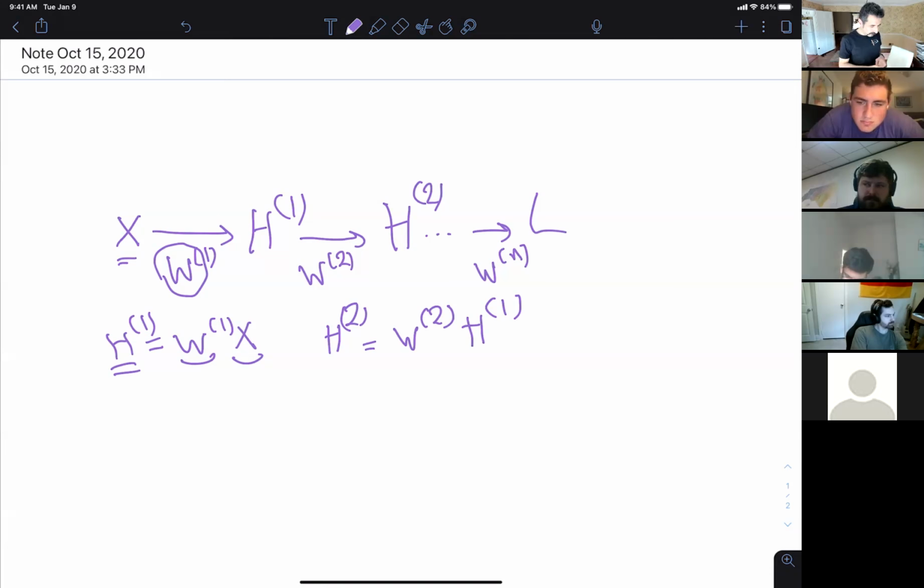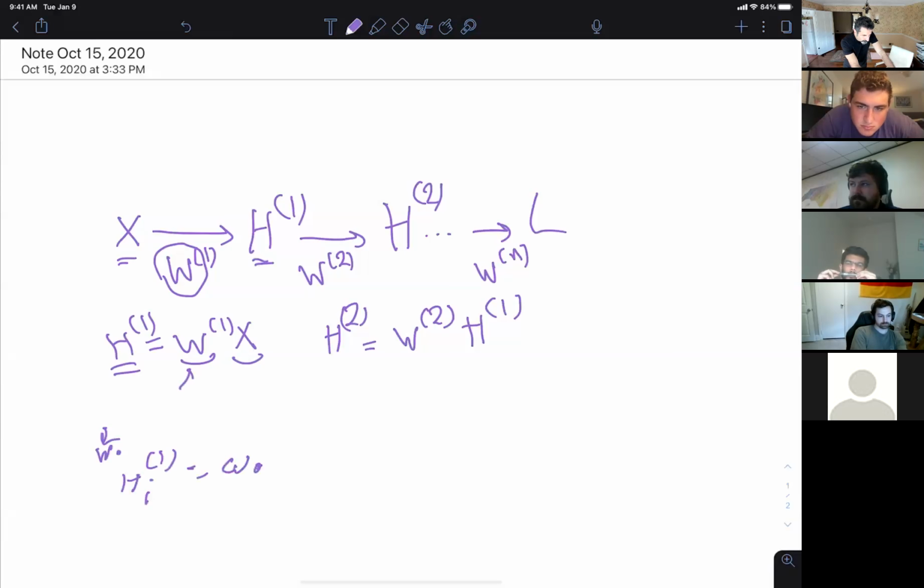Okay, so mathematically we changed this. Before, to produce one of the elements of H, for example H1, I multiplied these weights as a vector with a specific row, and summed over to produce one of the elements in this matrix.